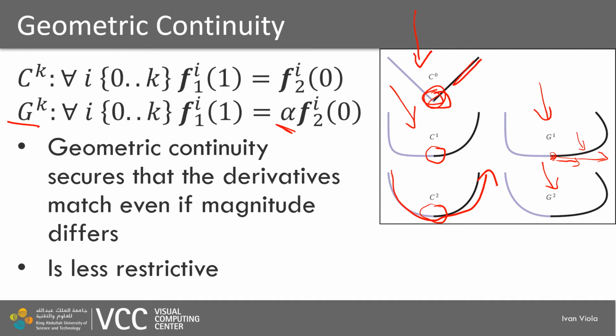So we have some kind of scaling in the differences of our nth order derivative, but in principle, with this scaling, there is the continuity. The same would hold for G2 continuity. So the curvature on one side of the segment is a multiple of the curvature on the other side of the segment.